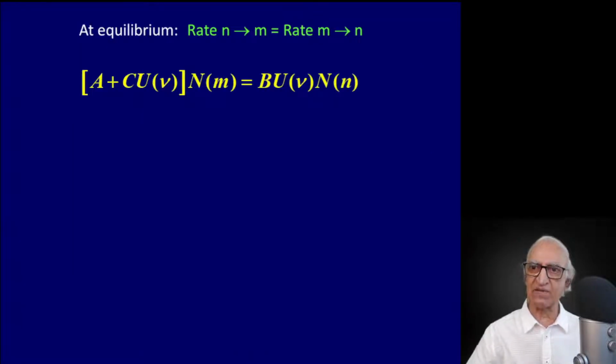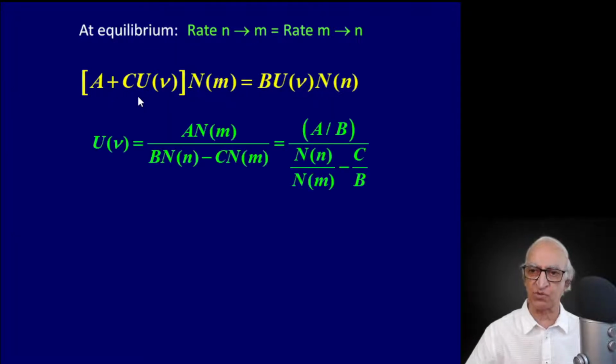In thermodynamic equilibrium, these two rates have to be equal. The number going up must be precisely equal to the number coming down. So I have taken these two equations from the previous slide. A plus C U nu, times the number of atoms in the state M, must be equal to B U nu, times the number of atoms in the lower state N. Now you can solve this equation for U of nu.